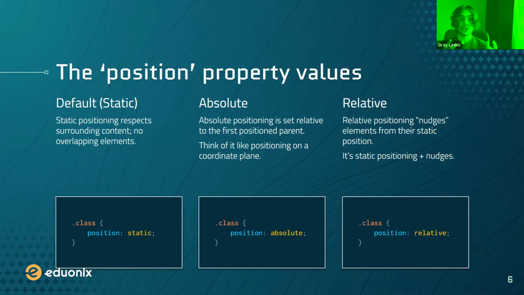Because imagine I have a little card, maybe even this card that I have here in my presentation. If I want to position the text inside of that box, then I want it to be relative to that box. I don't want it to be just randomly positioned. I need it to be inside of that, but it will be absolute within that box. So all of its siblings, all of the other elements that are contained within that parent element, are going to be ignored.